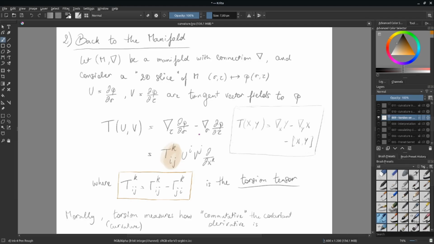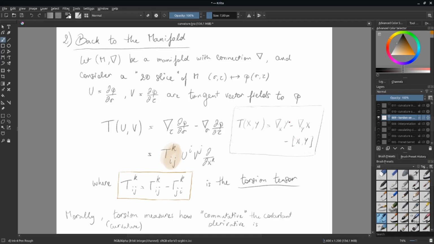I'm swapping them. You can see this is a common pattern in differential geometry: you're trying to swap operators or arguments in an operator to see if it commutes or not. In this case, we're trying to see if taking the covariant derivative along one direction of one thing is the same as taking the covariant derivative of the other thing.